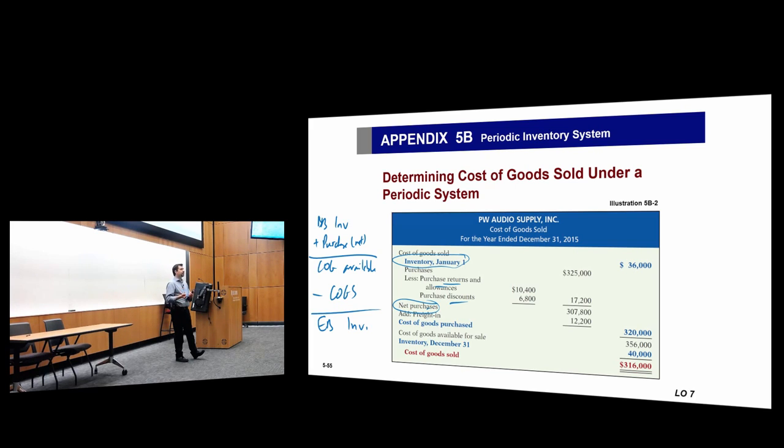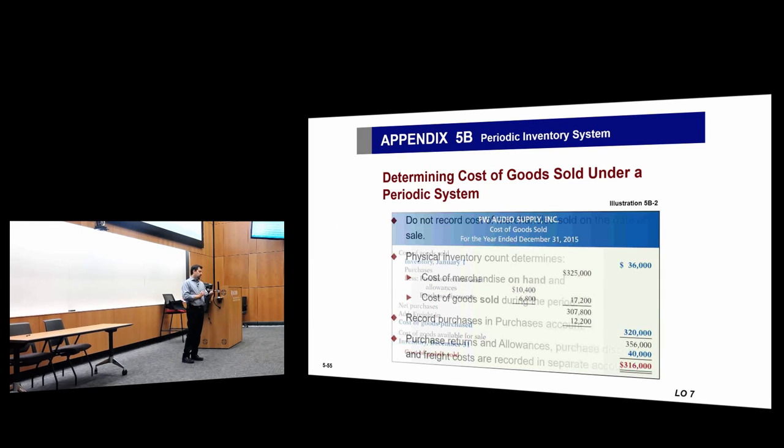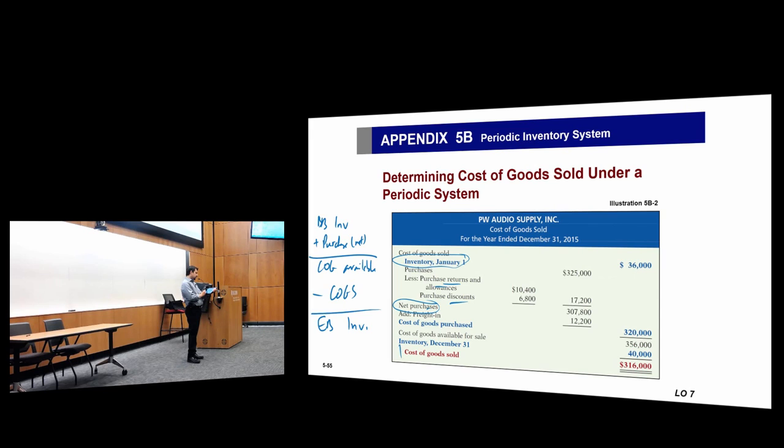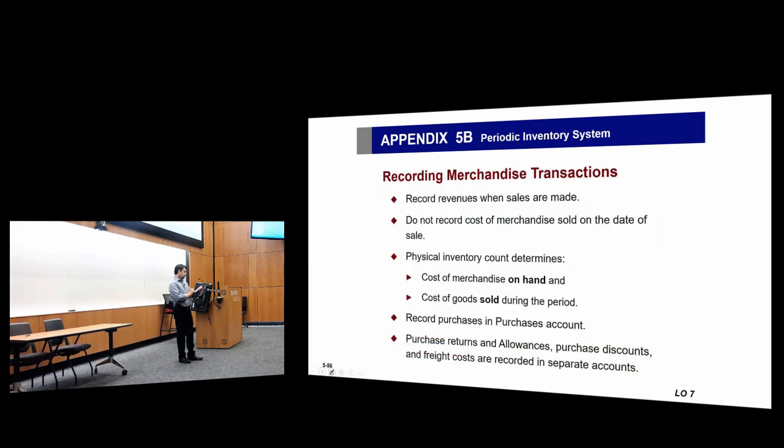So we debited inventory. In this case, the company will debit an account called freight in. Those are temporary accounts and they will all be used to calculate the same amount. This is the same number that you would have eventually from the other one. So this is the cost of goods sold. Okay?